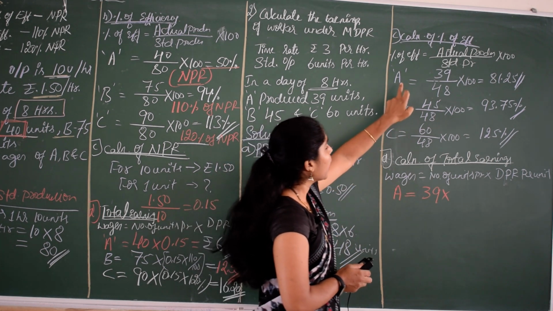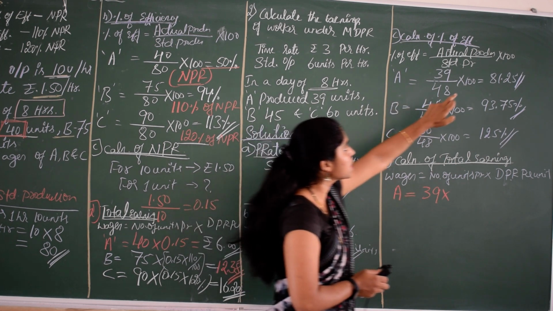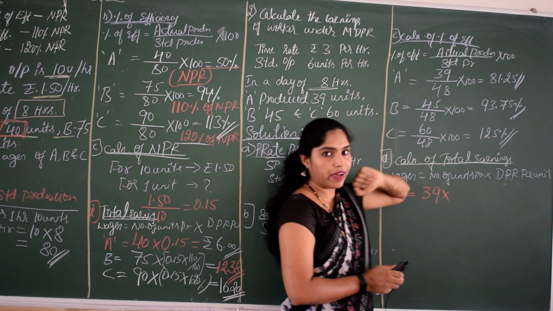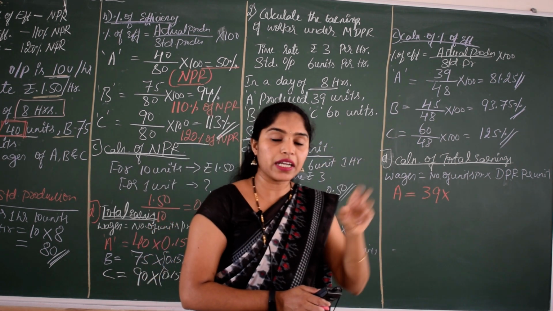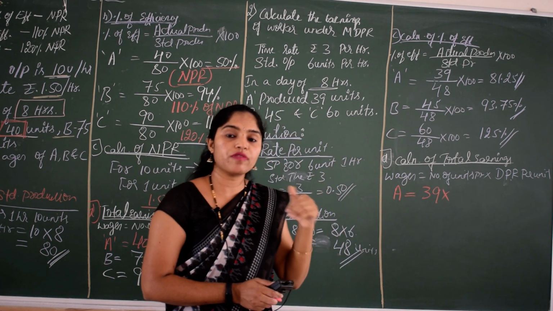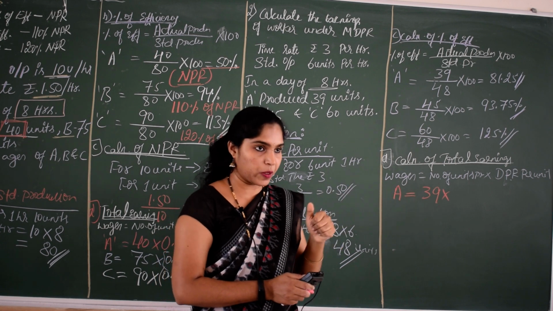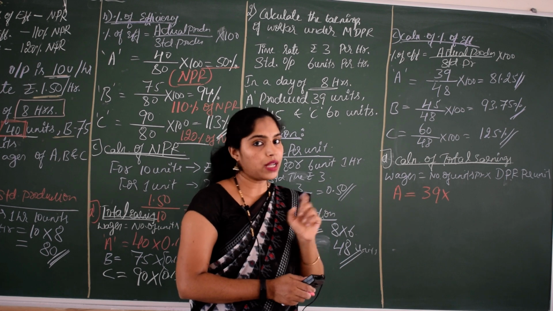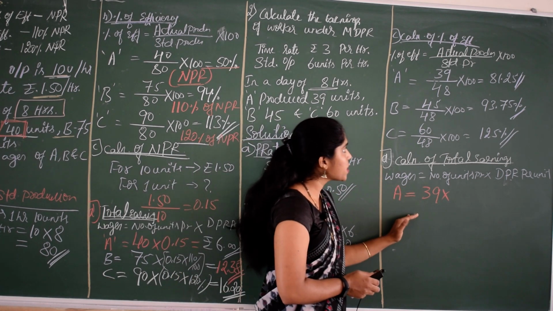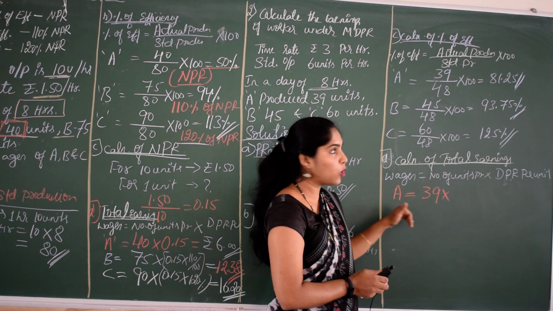See here, A's level of performance is 81.25%, and the merit condition says, if the percentage of efficiency is less than 83%, he is going to get normal piece rate. So A comes under the first category, that is below standard.